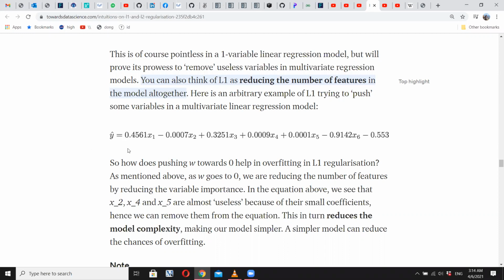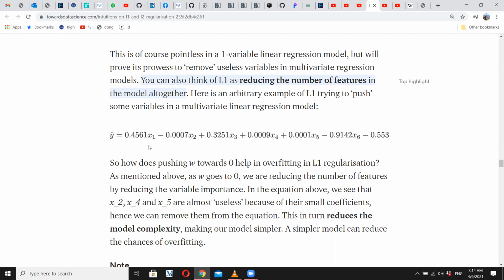But had you used lasso regression, it would shrink this factor towards 0. It will also shrink this 0.0009 to 0. It will also shrink this factor to 0. And what you'll end up with is basically 4 parameters.